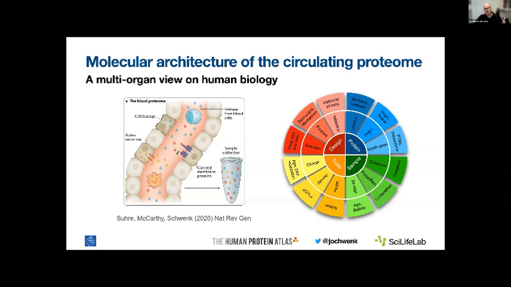Because if we do not have this information at hand, it's very unlikely that we'll be able to have a new biomarker that can be replicated in independent studies, because we need to know any of the possible bias that would influence the information that we generate. So really the hope is that in the future there will be more standardized reporting on how samples have been stored and collected. Even though this as a scientist might be a little bit of a boring exercise, it is a very strong factor influencing the data that we generate today.